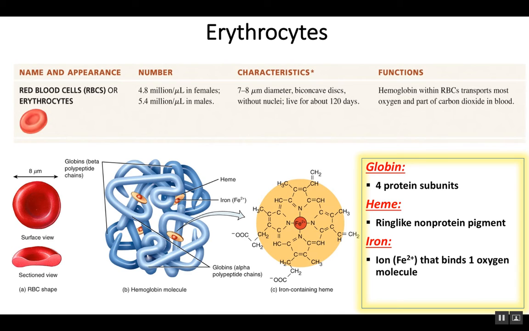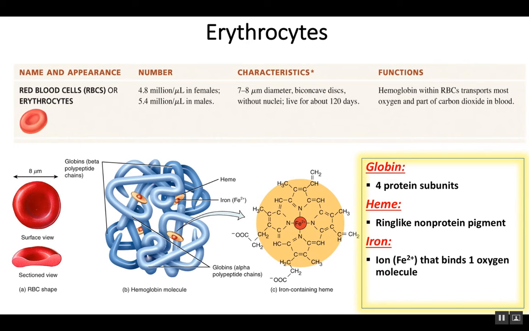There's typically 2 beta globins and 2 alpha globins. So this hemoglobin molecule, you should be able to notice it has 4 units to it that look very similar, and then those 4 units come together to form a single hemoglobin molecule. So a hemoglobin molecule has 4 globins.